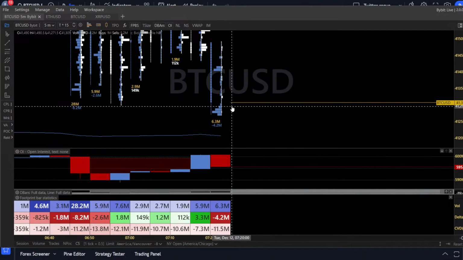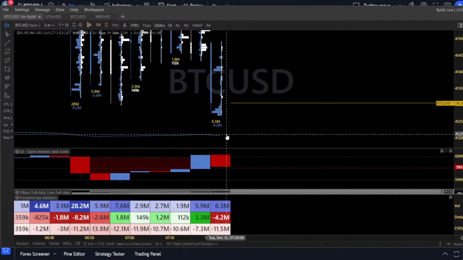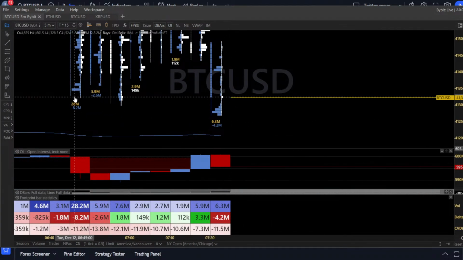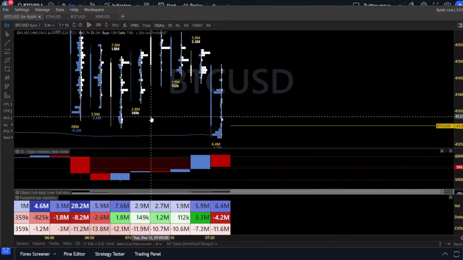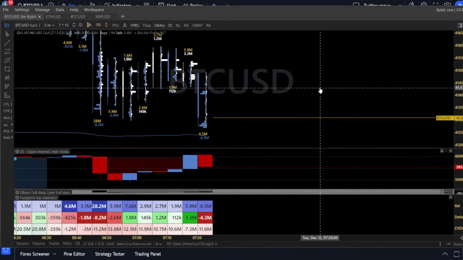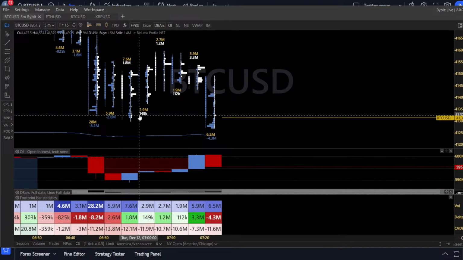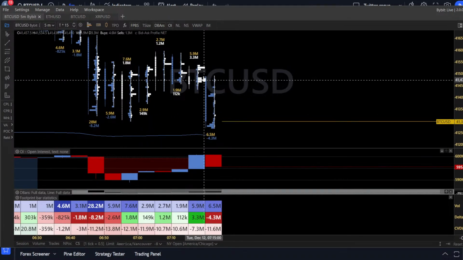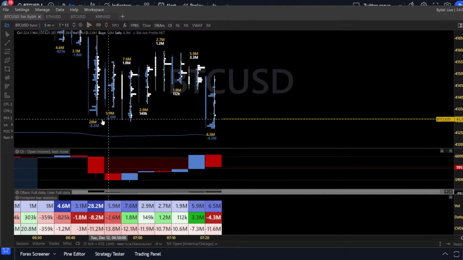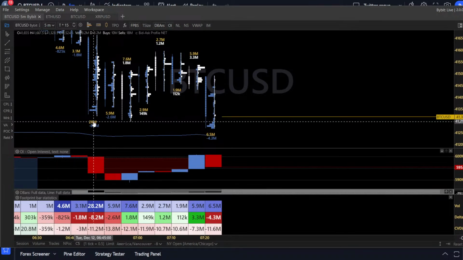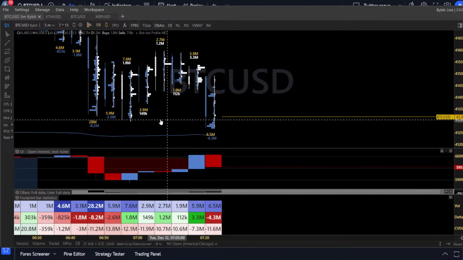So we can see here 4.2 million negative delta at the lows, presumably all these longs that just opened up. The same setup I took, although I recognized this coming a little earlier. Getting stopped out with a stop below the local low.